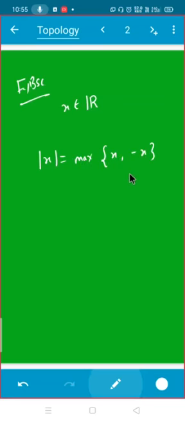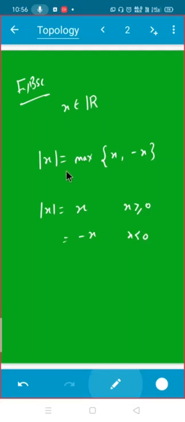Is there any other definition which you have done in your 12th standard? Mod x is, if your x is greater than or equal to 0, then the value of mod x is going to be the same x, correct? And if your x is negative, then it is minus x.